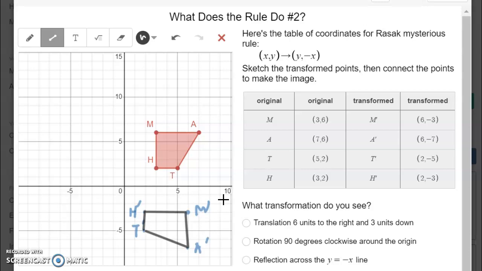Well, actually, it would not quite work because these rectangles are not quite right. This should be a square, but it's actually a rectangle, so that's the reason it looks slightly different. But it is a rotation 90 degrees clockwise because it went from here, let me move it 90 degrees this way. Okay, so that is a rotation.